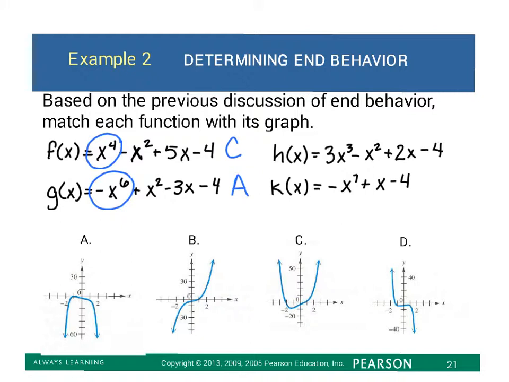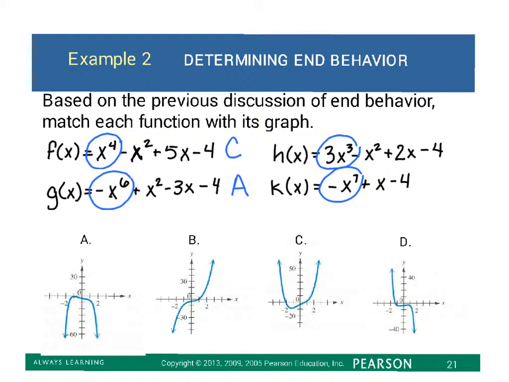Now let's look at h of x and k of x. Here we have a leading term that is odd degree, and the leading coefficient is positive. Let's also look at this one. It's odd degree, and the leading coefficient is negative. So when it's odd degree and positive, remember our end behavior looks something like this. It begins here, ends here.